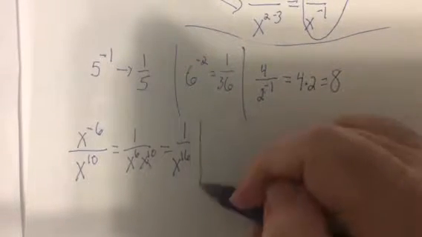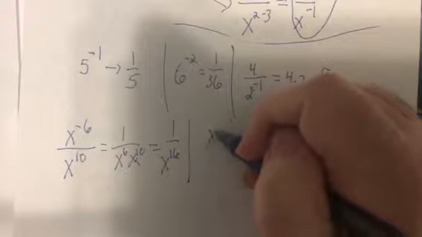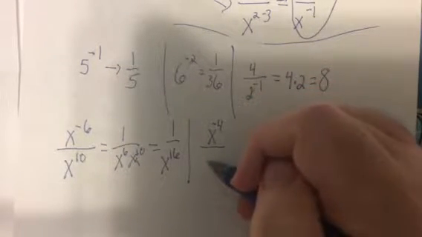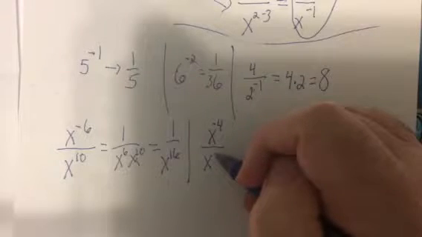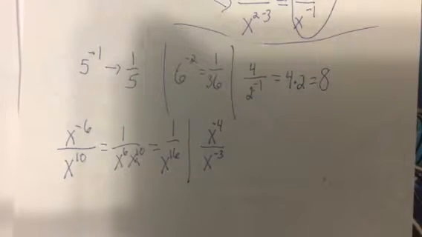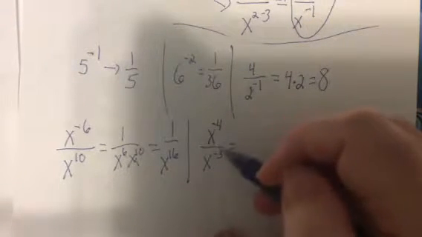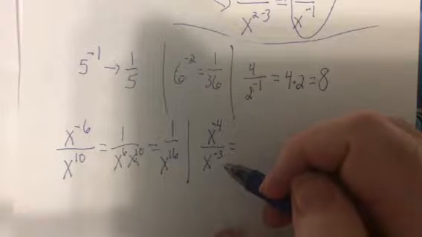So if I have x to the -4, just to be exciting, over x to the -3. Now again, I could use the law that says, hey, if you're dividing two things same base, subtract the smaller from the larger, keep it where the larger was. Or I could say, hey, negative power, I need to move it.